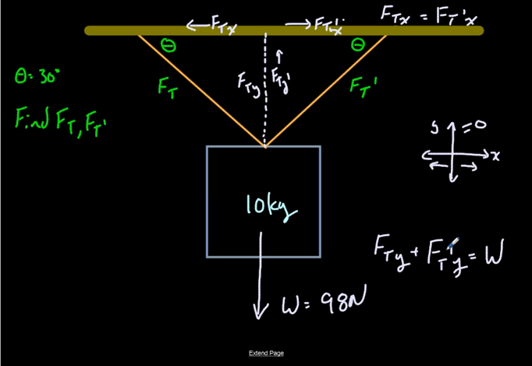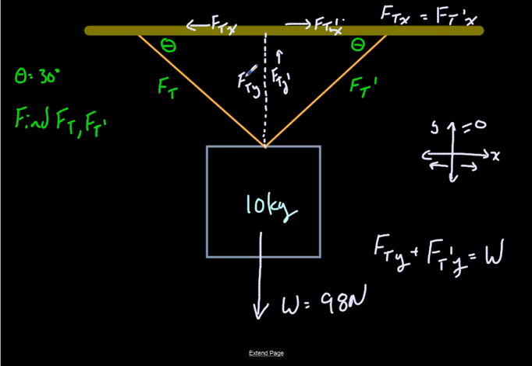And the answer is yes, and here's how you have to think about that and why that makes sense. We said over here Ftx and Ft prime x were exactly equal. And if you know trigonometry, if one side is equal and the angles are equal, everything else about those triangles has to also be equal. Correct? So in other words, Fty prime has to be exactly equal to Fty, just by your rules of trigonometry.